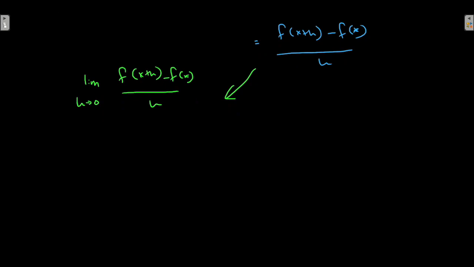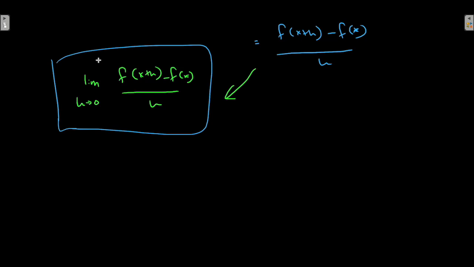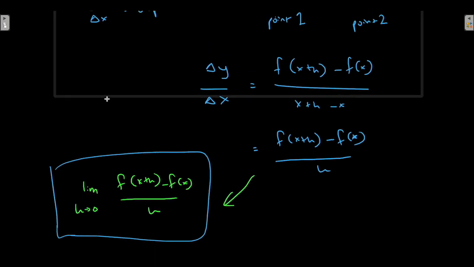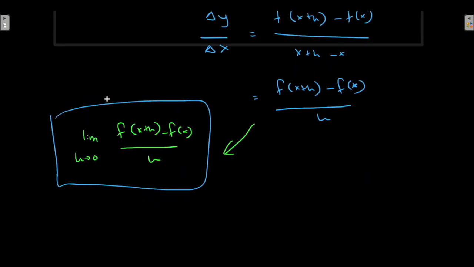So this is what's known as the formal definition of a derivative. I can pick any point x, and the difference of h will approach 0. And that will give us the slope of the tangent line to that point at x.